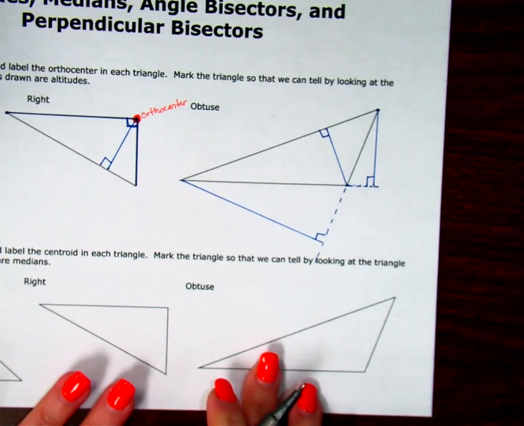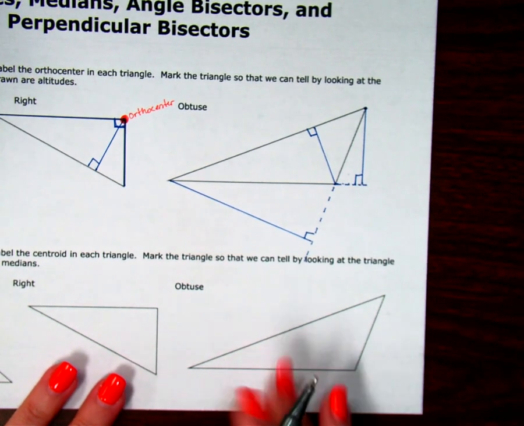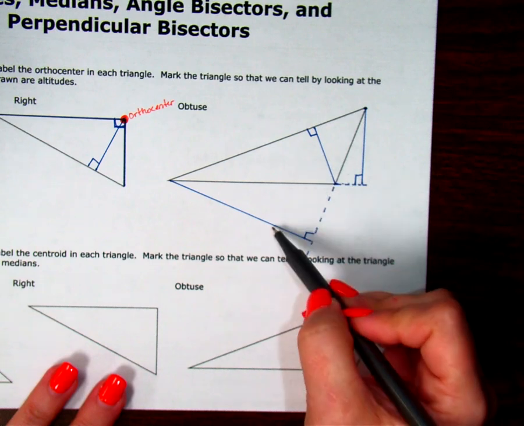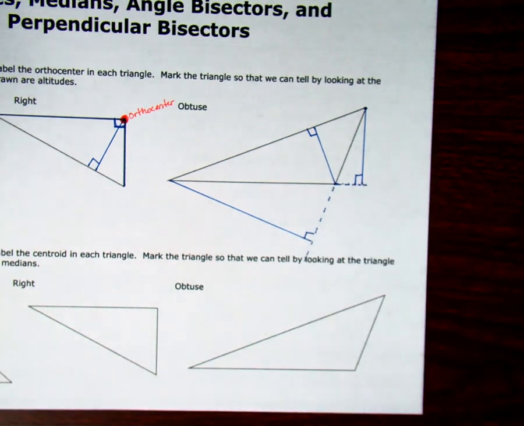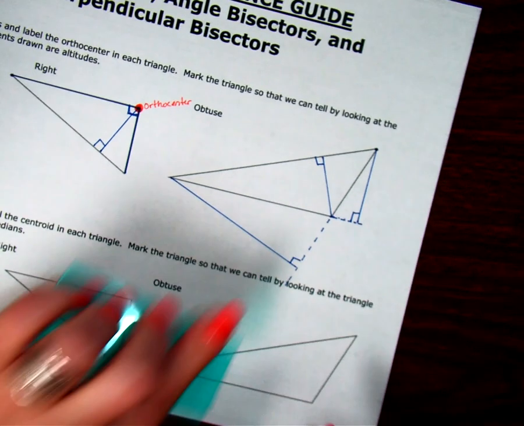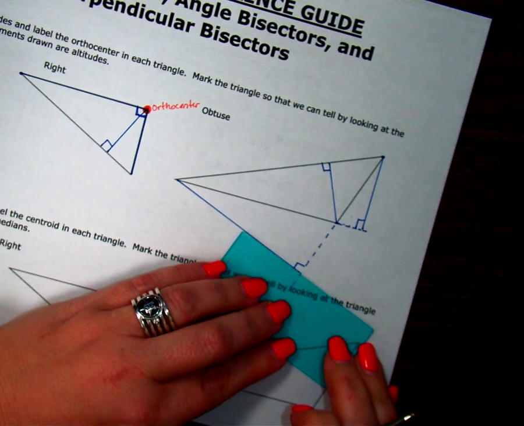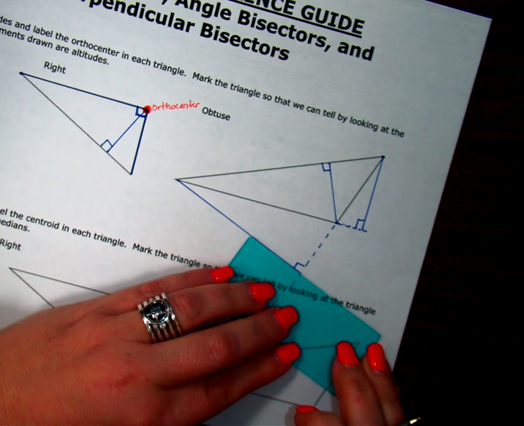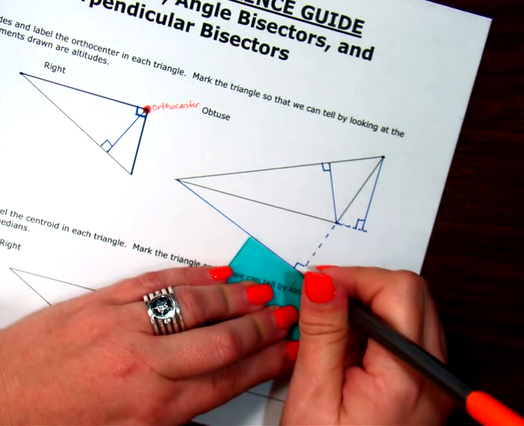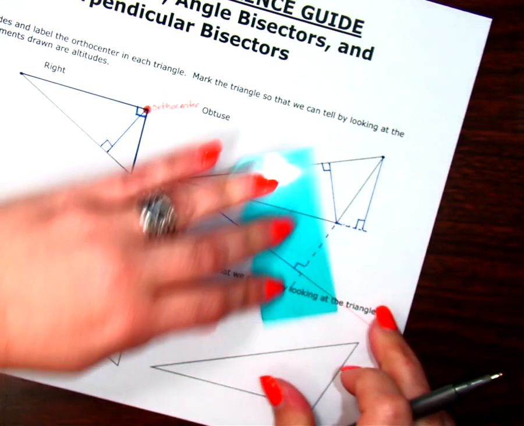Now here's what's tricky. On my obtuse angle, my three altitudes, the actual altitudes themselves don't intersect, but the orthocenter is the intersection of the lines that contain the altitude. So if I were to extend these lines further, then I could find my orthocenter.